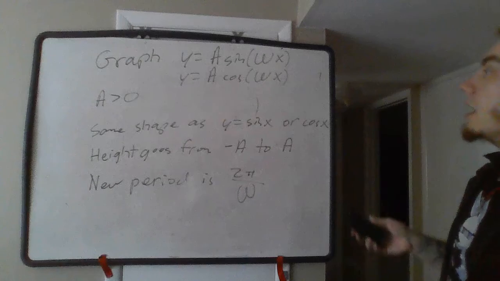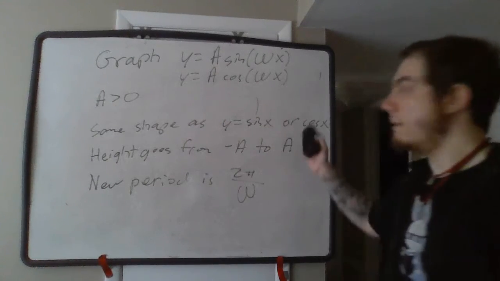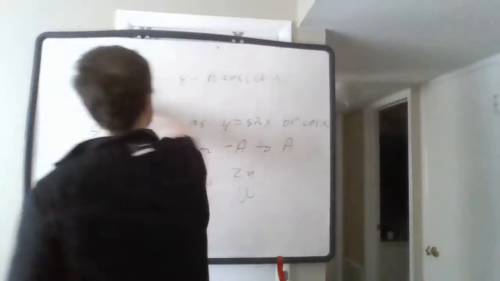So this gives us a really nice way of very quickly making these kinds of graphs. So make sure that you have this noted down, and now we're going to look at an example of using this.